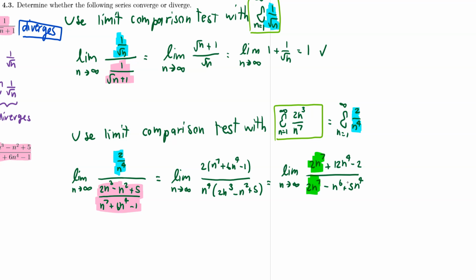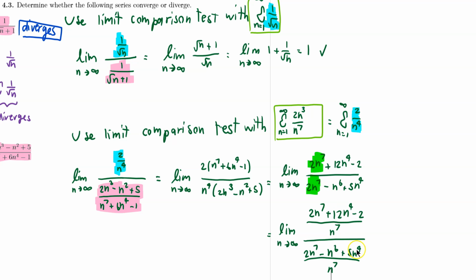So this is going to be just 1. And the reason why it works this way is that I can divide both the numerator and the denominator by n to the 7. If I do that, let me try to do this here real quick. Notice how the value of the thing behind the limit doesn't change because I divide n to the 7 into both numerator and denominator.